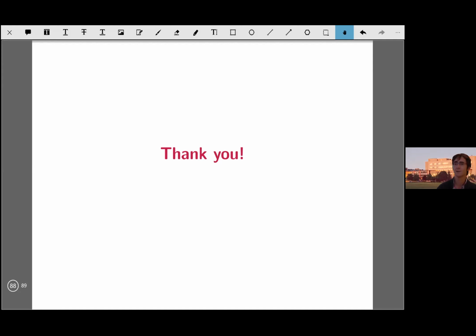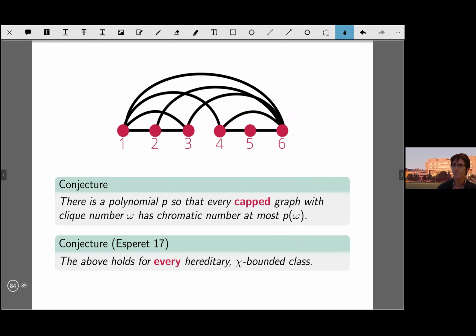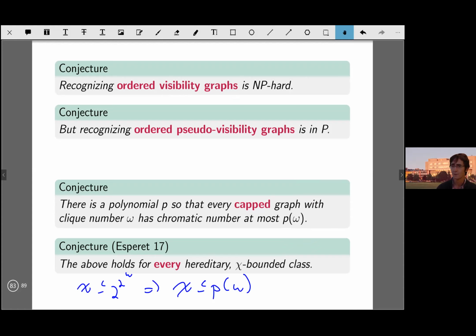There was a comment in the chat just now about the art gallery problem as a subclass of NP. Oh, sorry, I can't see chat. Oh, there it is.